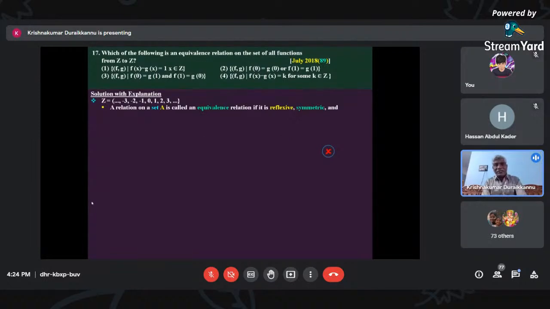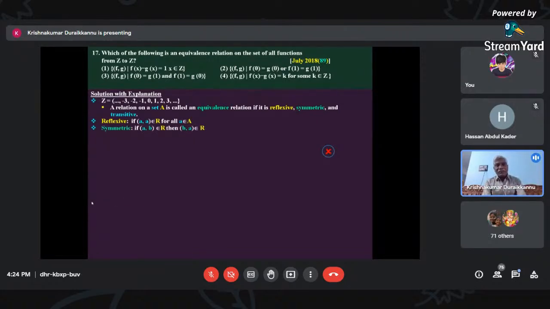A relation on a set A is called an equivalence relation if it is reflexive, symmetric, and transitive, as we have seen in the last slide. Reflexive: if (a, a) belongs to R for all a, like (1, 1), (2, 2), (3, 3), (4, 4), and so on. If the set has elements 0 to 3, then (0, 0), (1, 1), (2, 2), (3, 3) should be present.